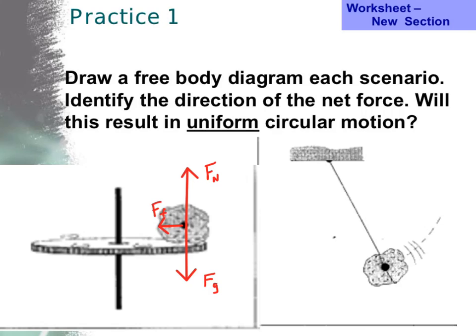Well, let's take a top-down view of this. Let's change our vantage point so that we're looking from the top down. And we have a rock over here. And this rock wants to move, according to Newton's first law, in this direction. And it's going to move in that direction unless it's acted upon by an external force.